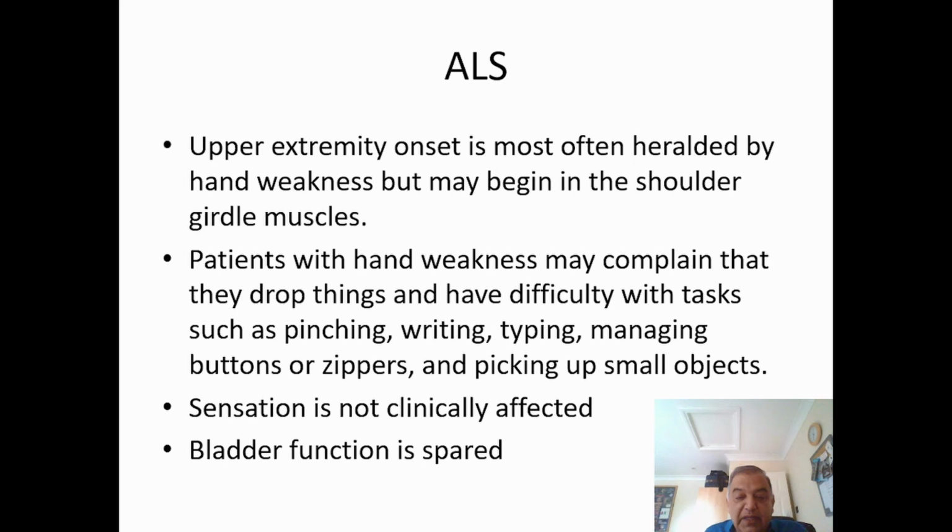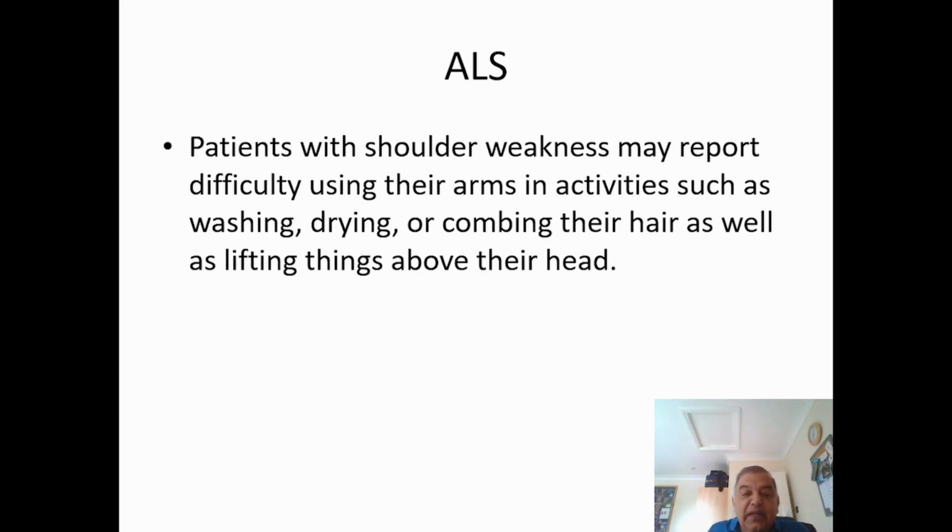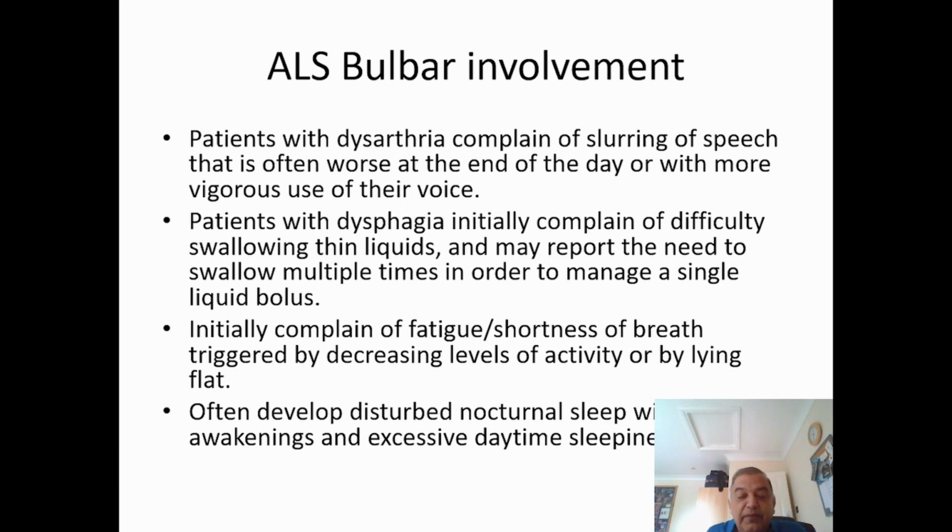The patient with hand weakness may complain that they lose dexterity, they start dropping things, they find it difficult to do up buttons, typing, moving a zipper. The sensations are never affected, and bladder function is not impaired. Patients with shoulder weakness may report difficulty, as mentioned, soaping the back of their head, combing their hair, and lifting things on a shelf.